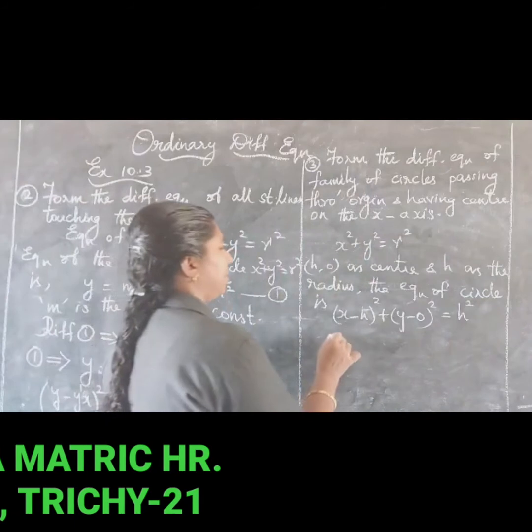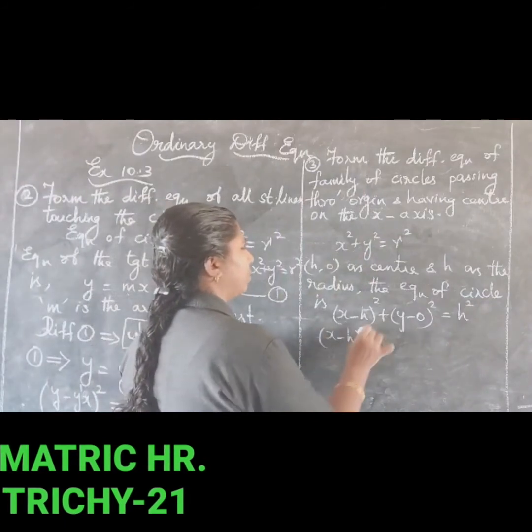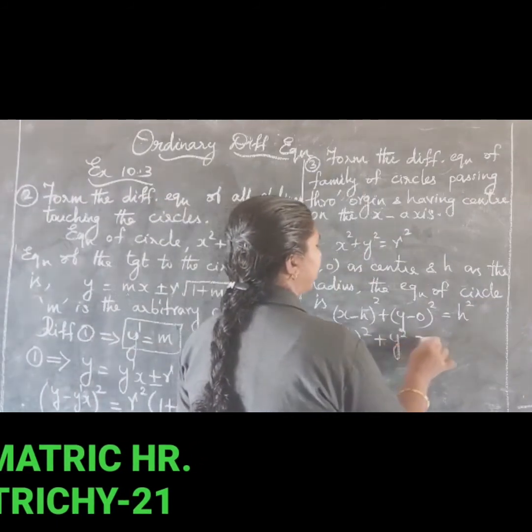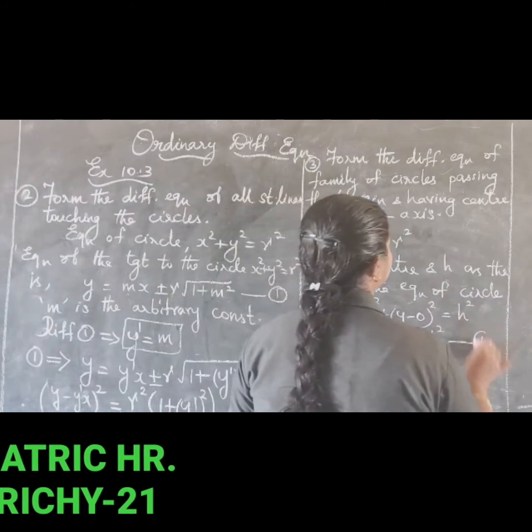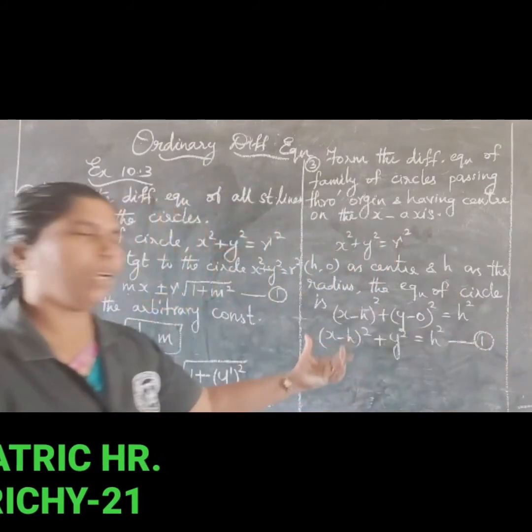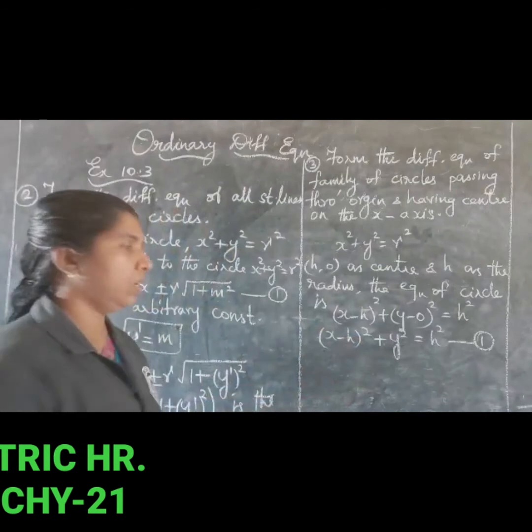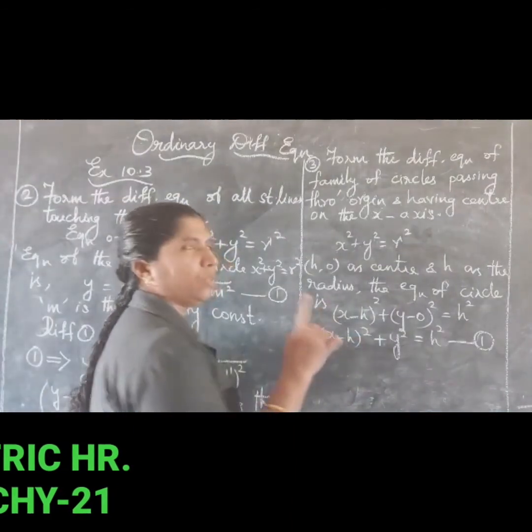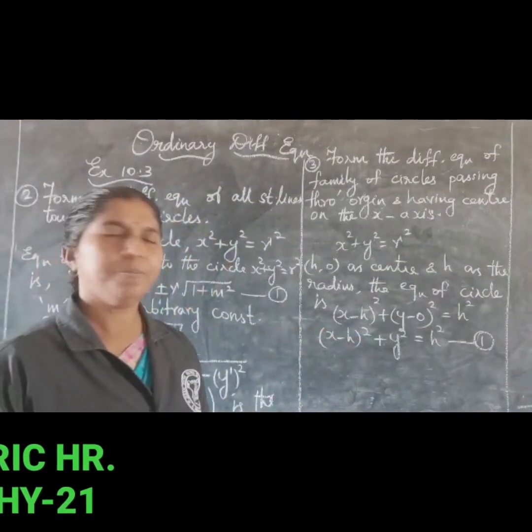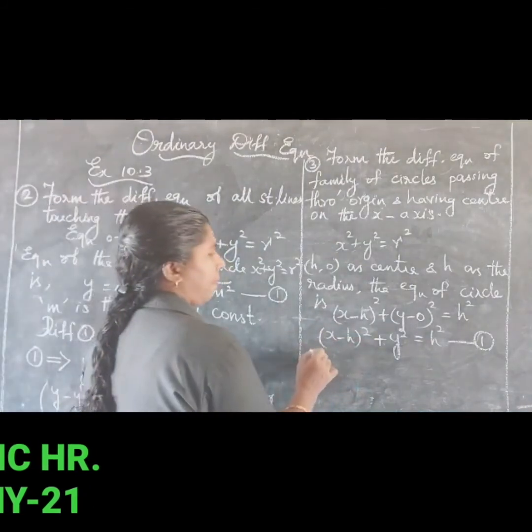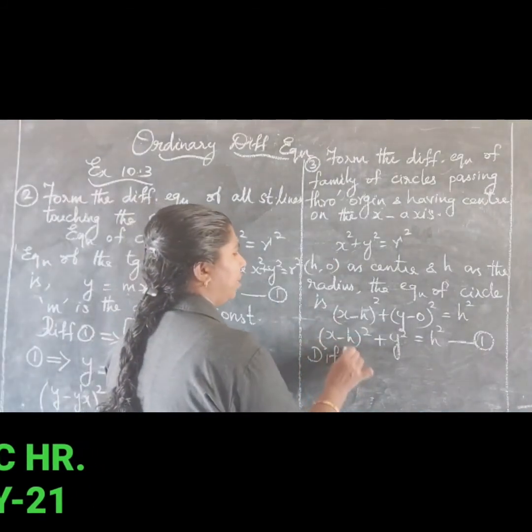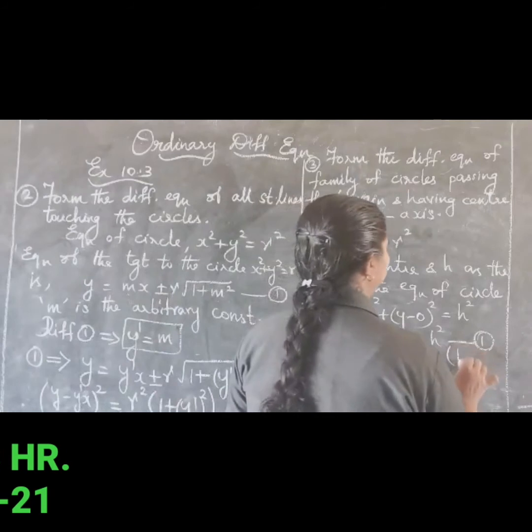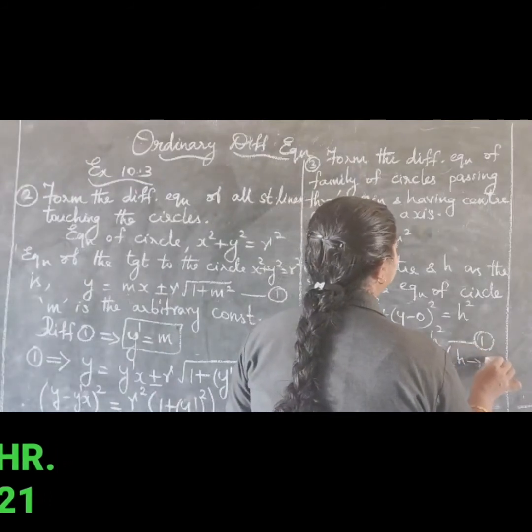Again this can be written as x minus h the whole square plus y square is equal to h square. Here h is the only arbitrary constant. So we can differentiate once to eliminate h.